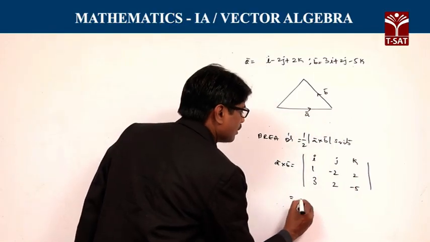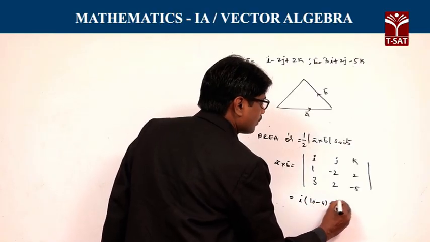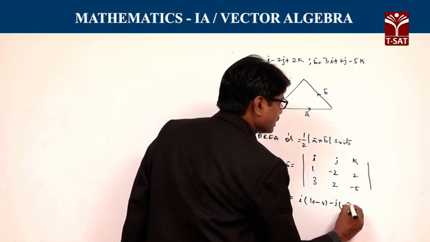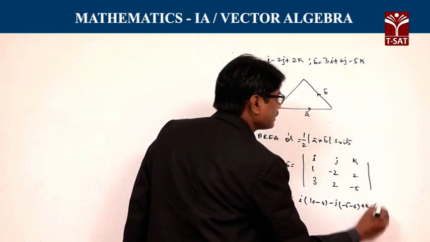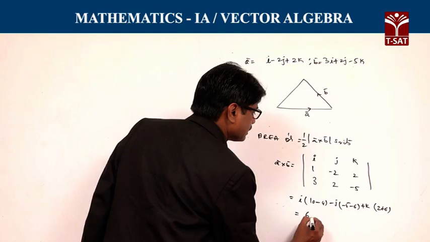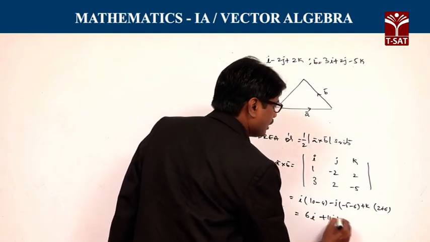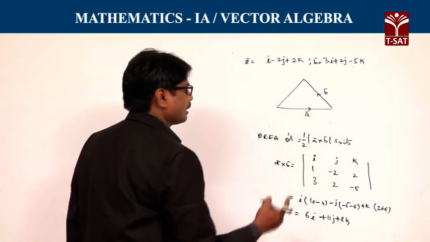So, which is equal to i bar times of 10 minus 4, minus j bar times of minus 5 minus 6, plus k bar times of 2 plus 6, and that is 6 times i bar, 11 times j bar, 8 times k bar.